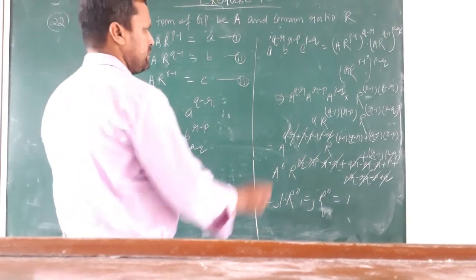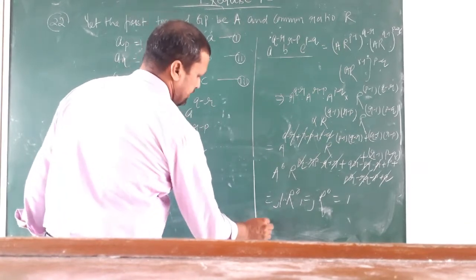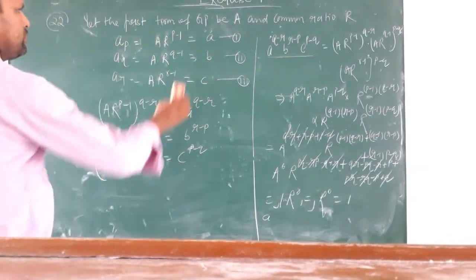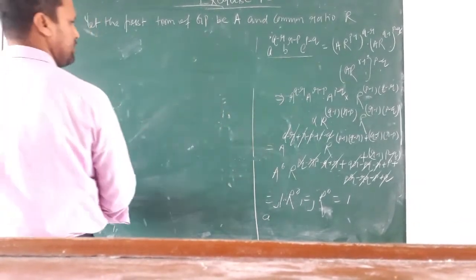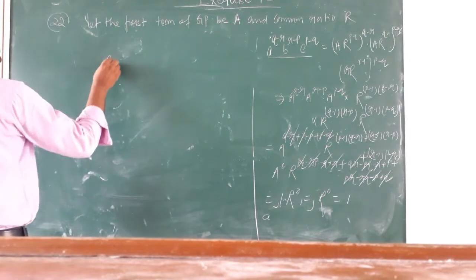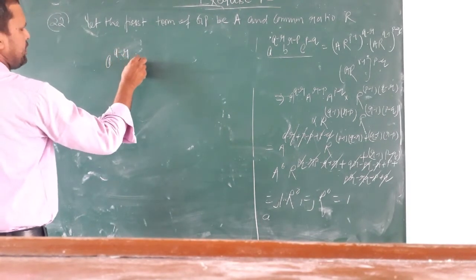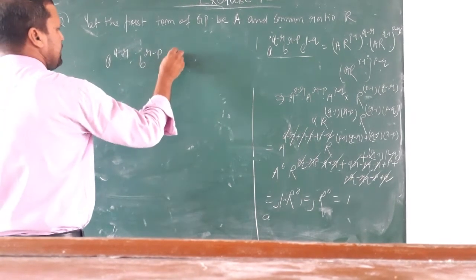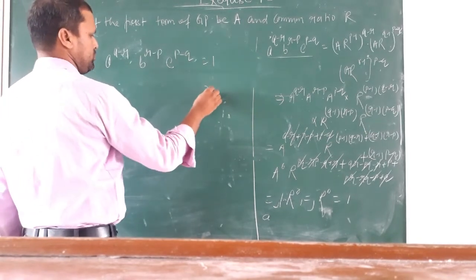It means the value of this is 1. So a to the power q minus r, b to the power r minus p, and c to the power p minus q equals 1.